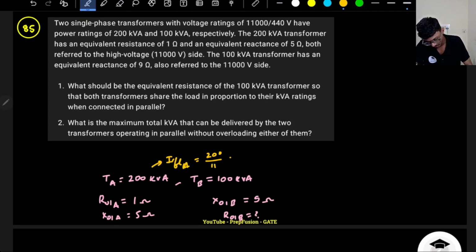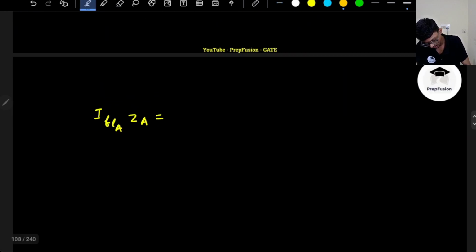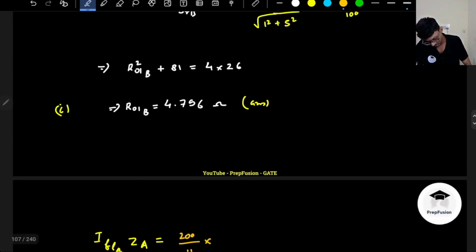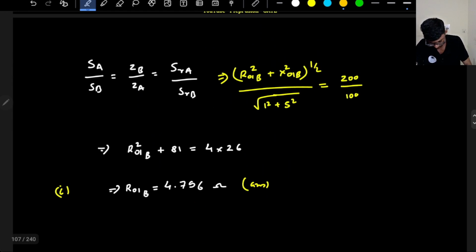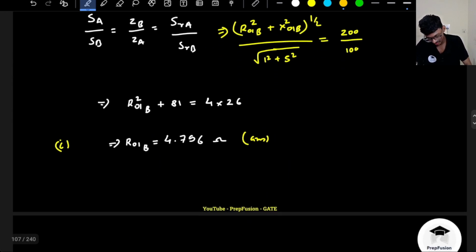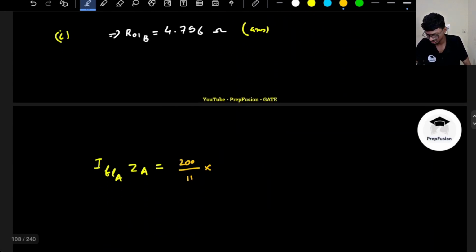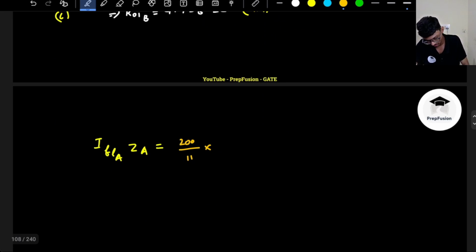So it will be 200 upon 11 into ZA. ZA value is under root 26, so it is under root 26 into 5.1 basically. Into 200 divided by 11, this value is 92.7 volts.